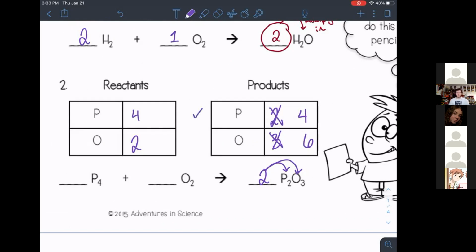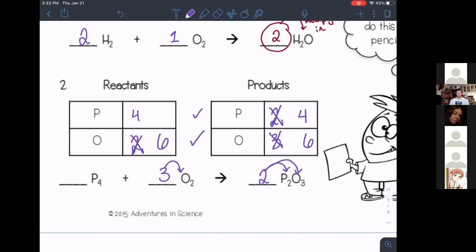No. So how do we make our oxygens match? Putting 3 sets of oxygen on the reactants. Perfect, we need 3 sets of oxygen, so that 3 goes into our oxygen, making it how many oxygens? 6. 6, and now do our oxygens match?